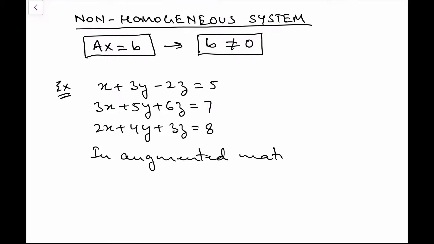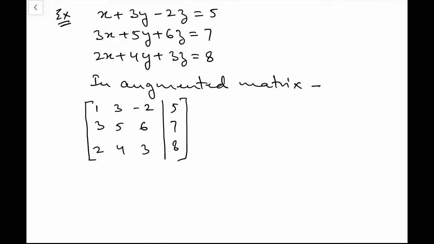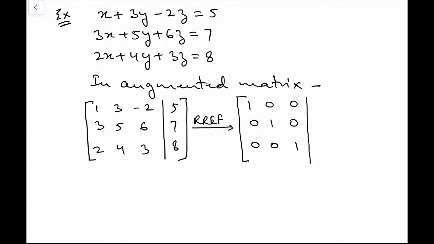So in augmented matrix we can write it as 1 3 minus 2, 3 5 6, 2 4 3 augmented by 5 7 8.